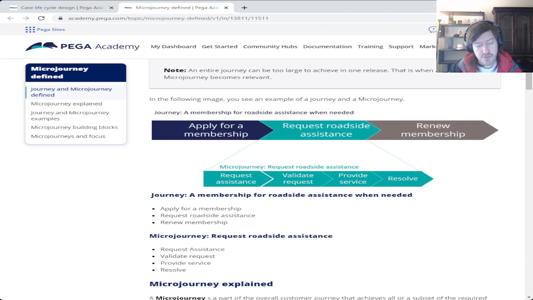Applying for a membership is a specific goal. Request roadside assistance is a specific goal. Renew membership is a specific goal. So to consider this entire thing as one journey is not correct. So that's why it's a little off on that one.